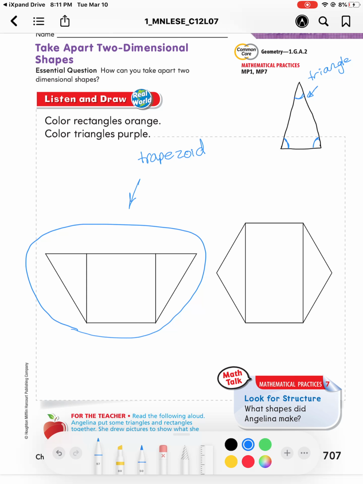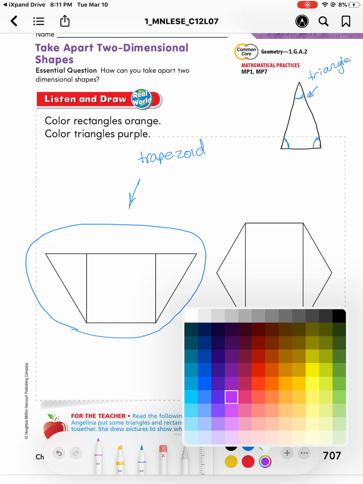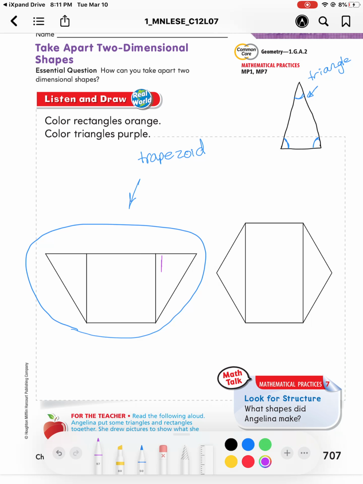You have to color the triangles in purple. So you have to color this shape in purple, this one, because it has how many sides? Let's see. It has 1, 2, 3.